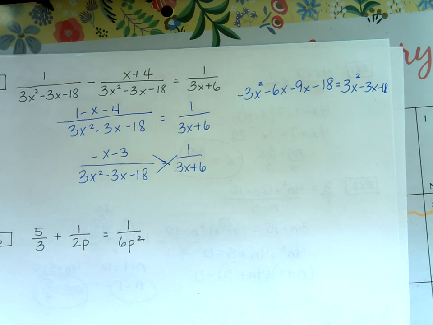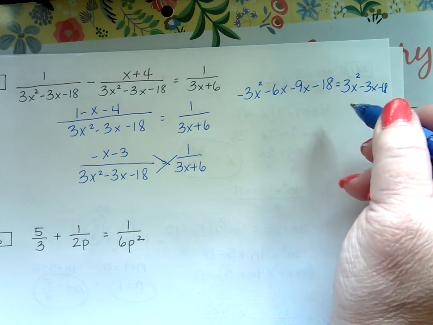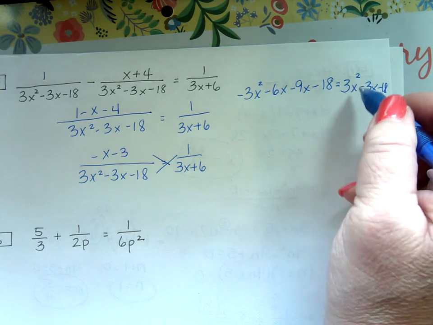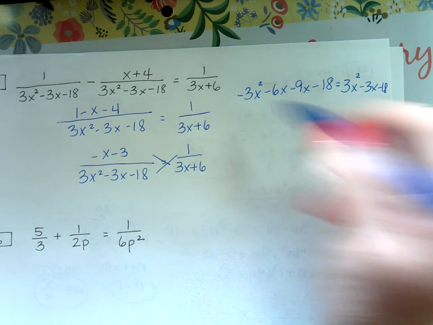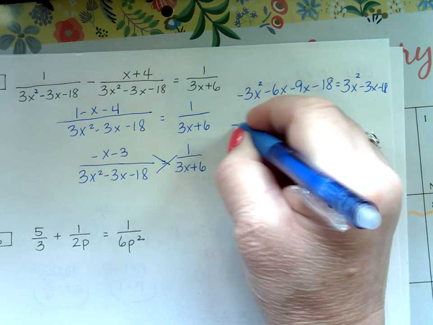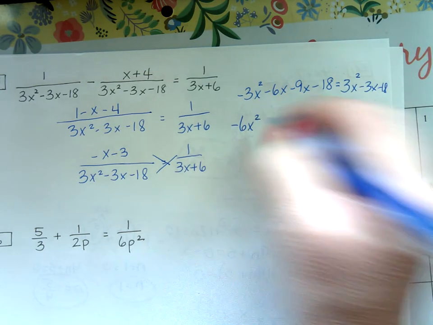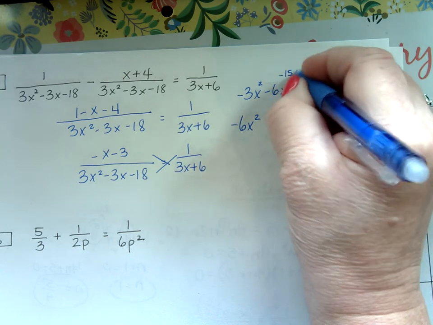So if I look at this, I'm going to go left because it's just how we normally put the x's together. This is a positive 3x squared. It's going to come over here and join up with the negative 3x squared. Remember, when it crosses the equal sign, it becomes negative, so really you have a negative 6x squared. This gives you negative 15x, 6 and 9.